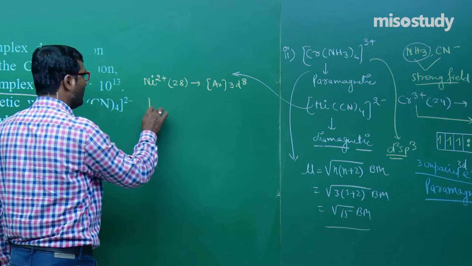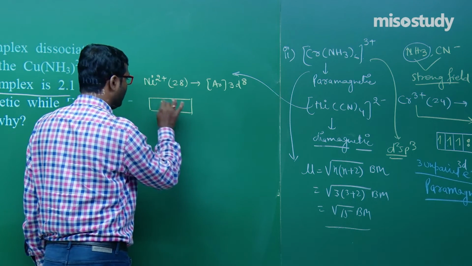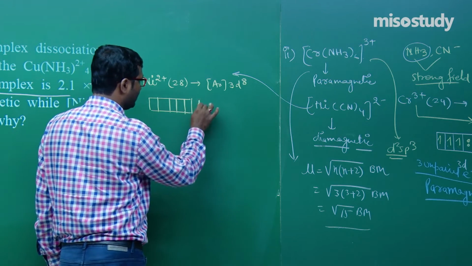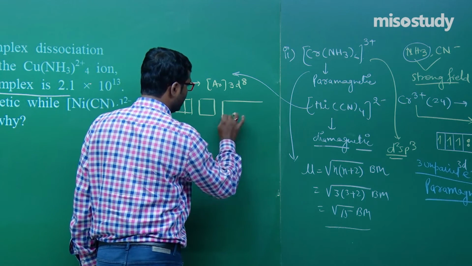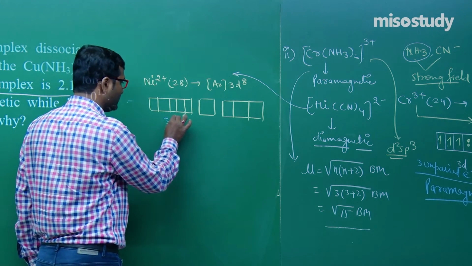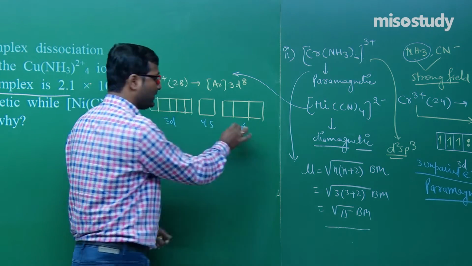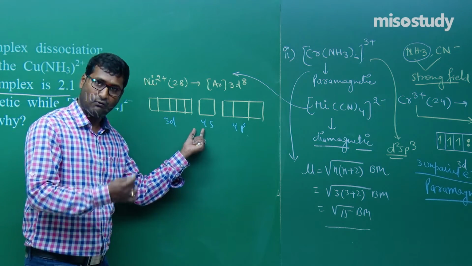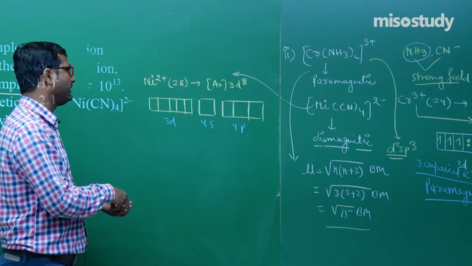Look at, it has 5 d orbitals, 1 2 3 4 5, clear. Now, this one is s and this one is p, 1 2 3. Am I right? Yes, sir. This is 3d, 4s and 4p.